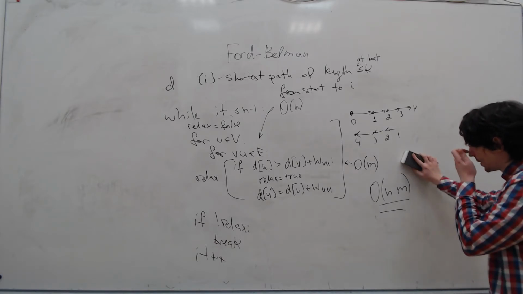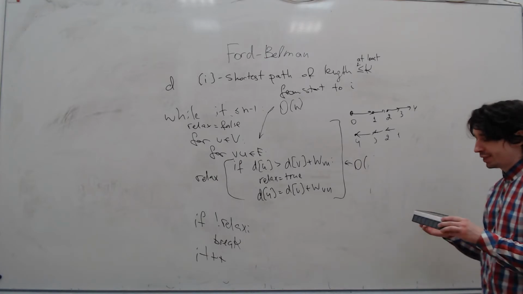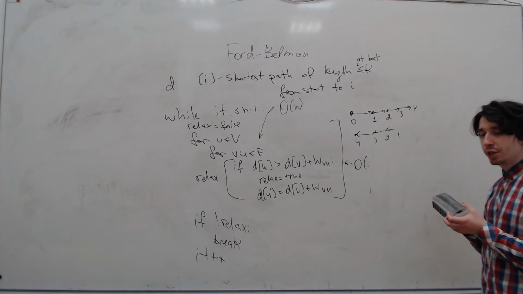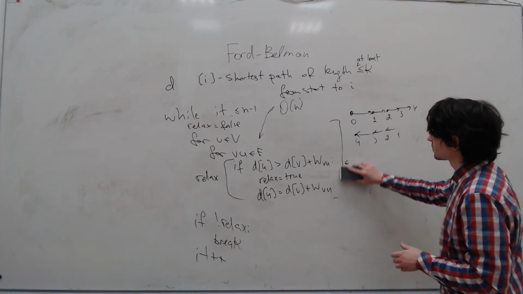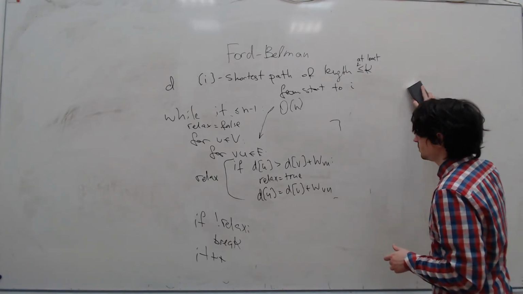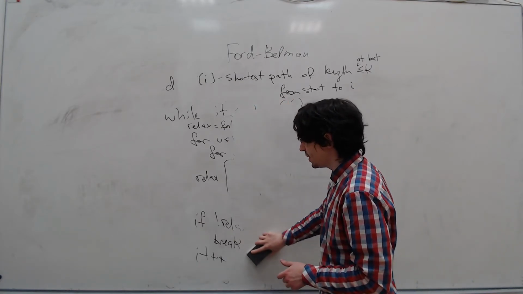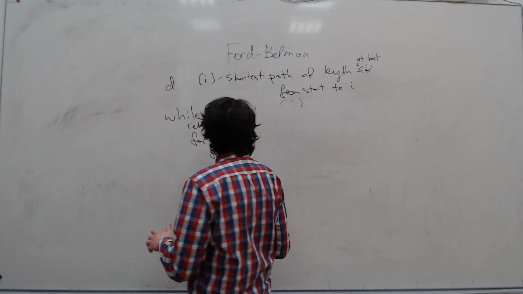Okay, then we will come to the next topic. The problems that we mentioned right now, for Dijkstra, for Ford-Bellman, for breadth-first search, were single-source shortest paths. So we find the distance from one vertex.